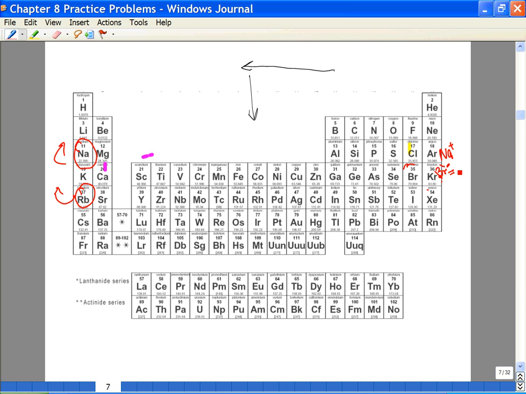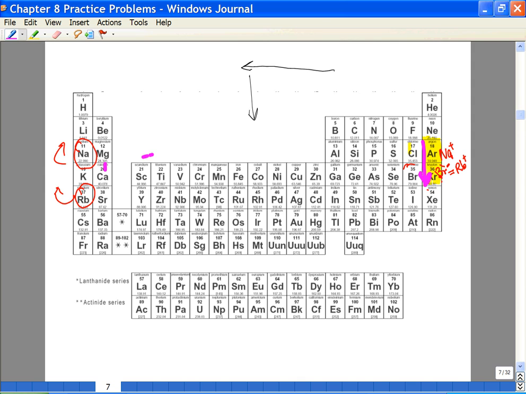And this is also what the rubidium cation looks like. So therefore, if we're putting these in order of increasing atomic radius, when we look at where these trends take us, we're going down here.